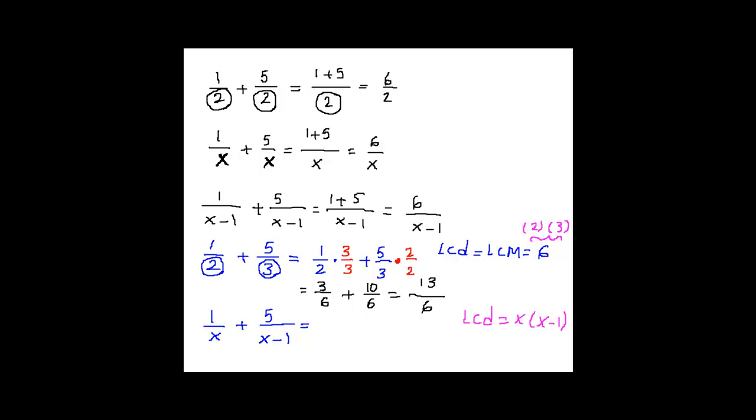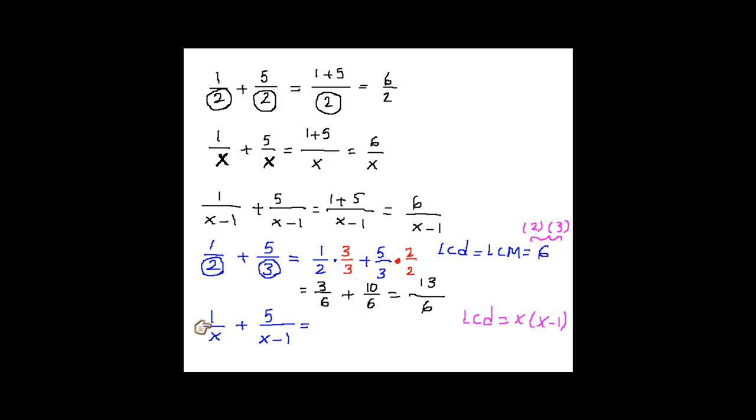So in this case, we need to multiply the first fraction by what? Remember, we want to make these two look like the LCD, like we did here. We made 2 and 3 look like 6, so we have to multiply the first fraction by, let's see the response from the students in the forum.